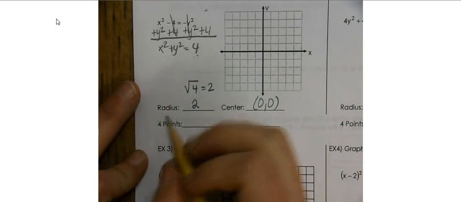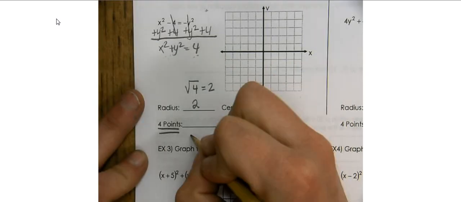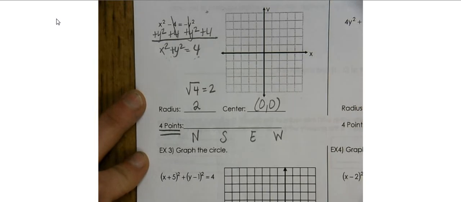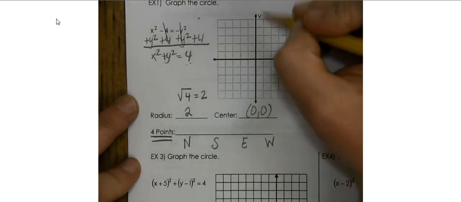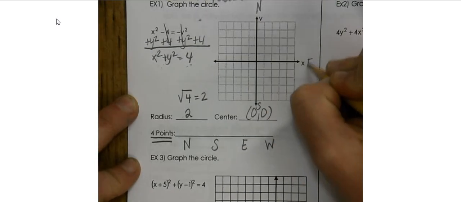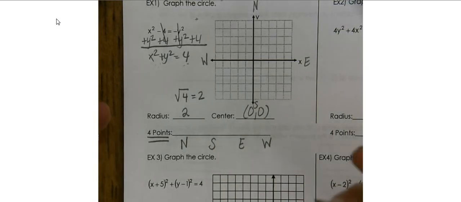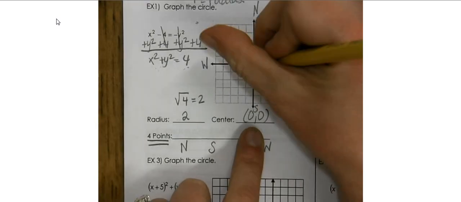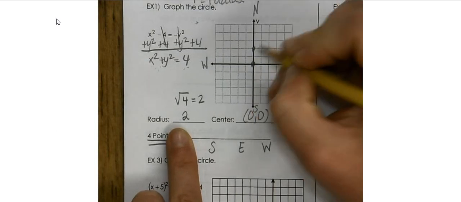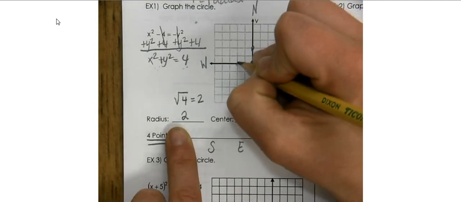When it comes to this four points thing that you'll need to identify, I always recommend north, south, east, west. These are the values you're going to identify. If I call this north, south, east, and west, those are going to be your ordered pairs that you identify after you've plotted (0, 0) and counted 2 units north, 2 units south, 2 units east, and 2 units west.